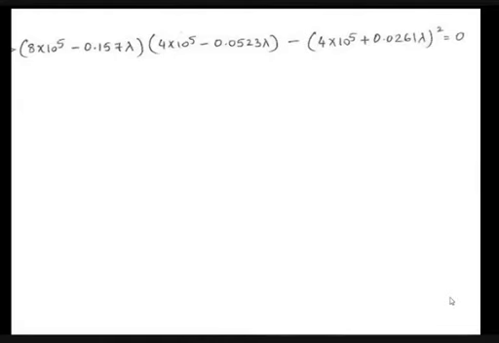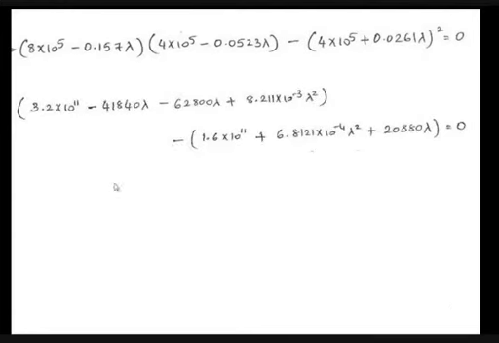Now multiplying this, 8 into 10 to the power of 5 into 4 into 10 to the power of 5, I'll be getting 3.2 into 10 to the power of 11. Then next, 8 into 10 to the power of 5 into minus 0.0523 lambda, I'll be getting minus 41840 lambda.